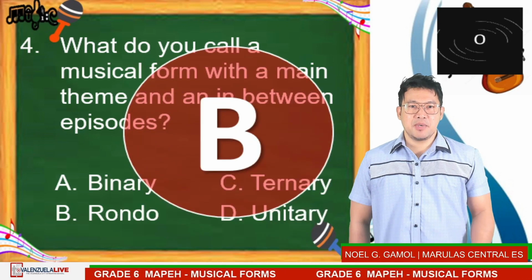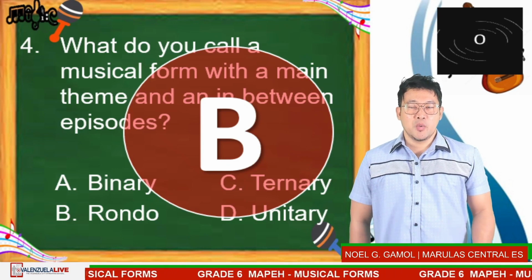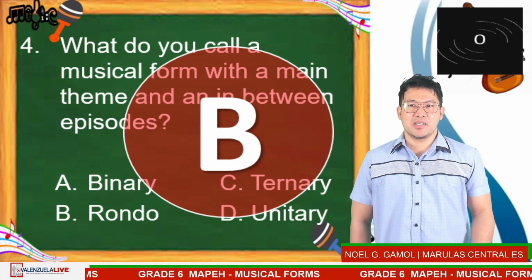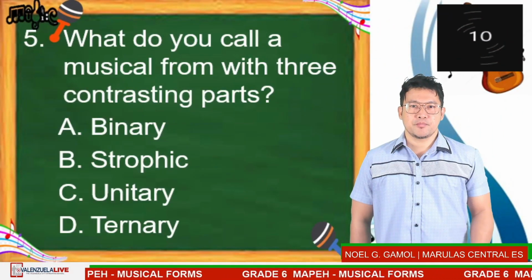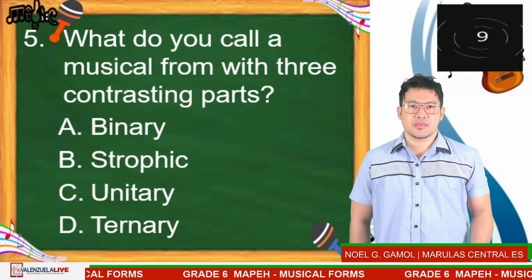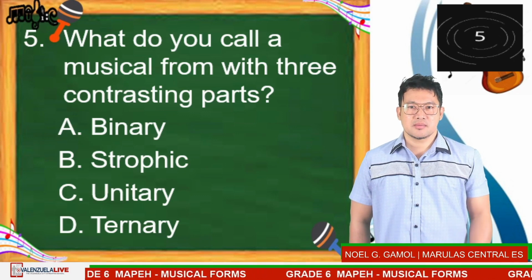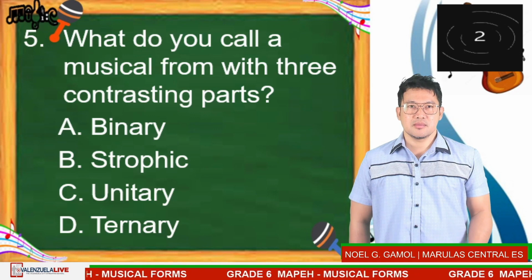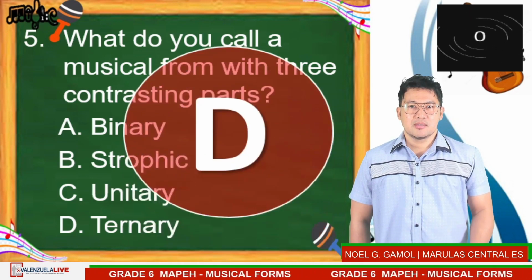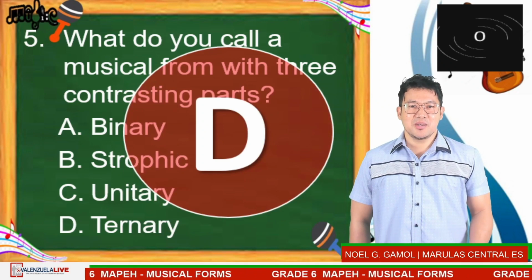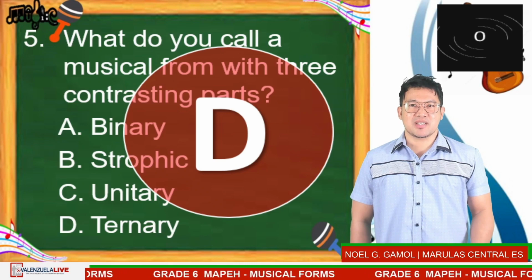If your answer is B, you are correct. Rondo is a musical form with ABACA pattern. If your answer is D, you are correct. Ternary form has three contrasting parts.